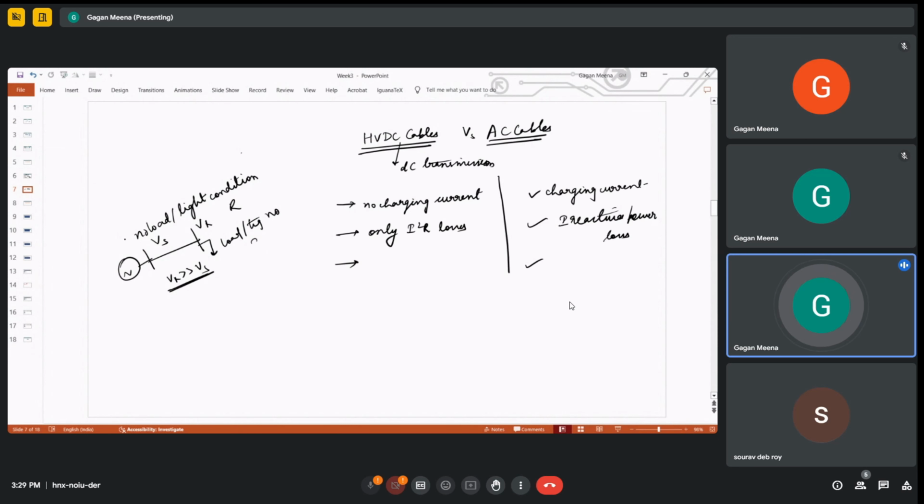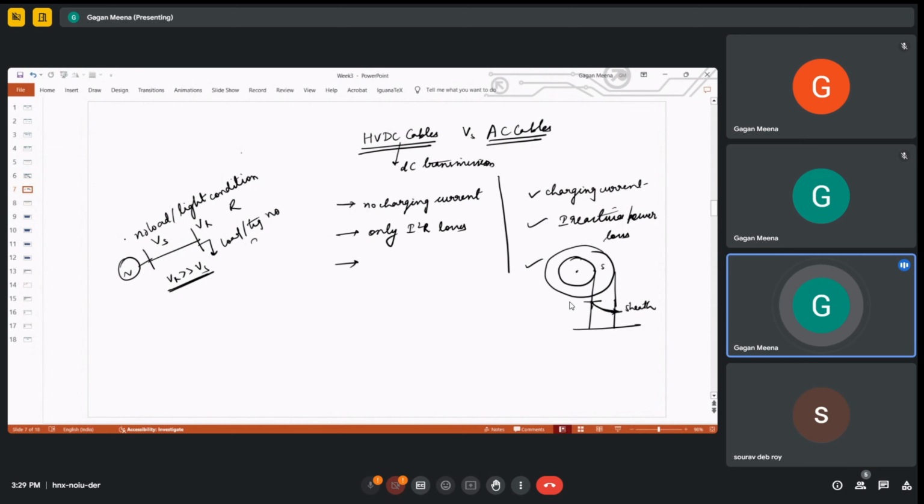Then we saw that the electric field distribution was like this. If this is the conductor and this is the sheath, the electric field was maximum at the surface of the conductor and then gradually reduces towards the sheath.